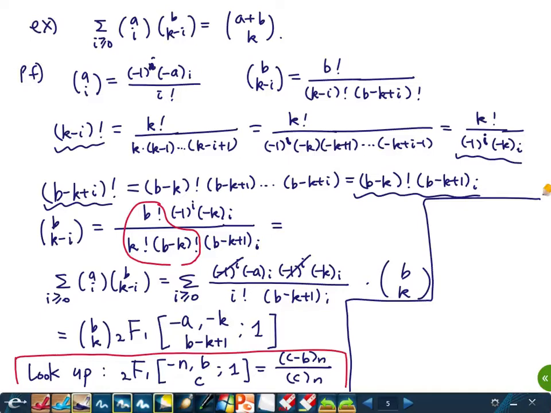So what's the left hand side? The left hand side equals b choose k, and then here a, okay, let's see.